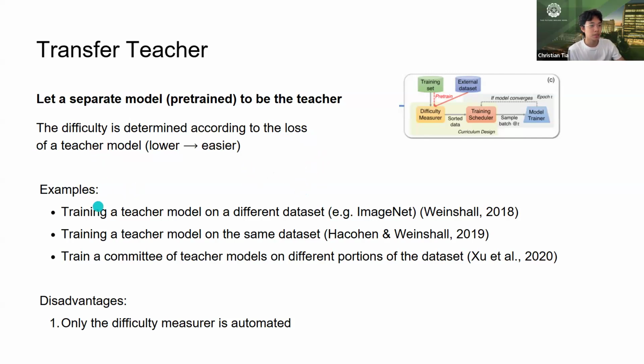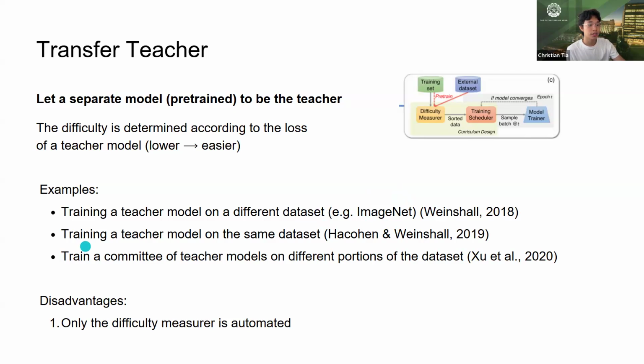And some examples of transfer teacher being used. One is we train the teacher model on a different data set, ImageNet. So it's also like transfer learning because we're using the learned features from a different data set to decide what would be more difficult right now for the current training set, which is different from ImageNet.